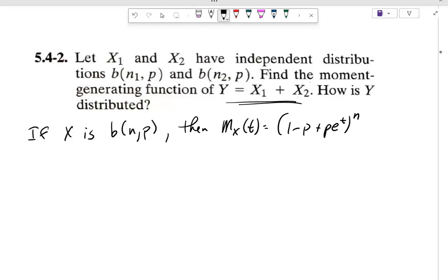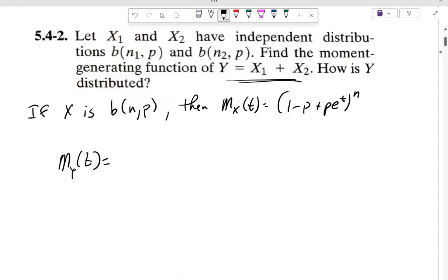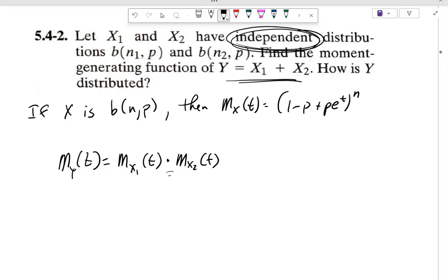So the moment generating function for y should be the moment generating function for x1 times the moment generating function for x2. Again, what's the important piece that allows us to multiply here? Independence, right? That's the important part.